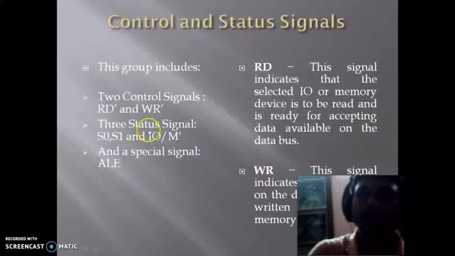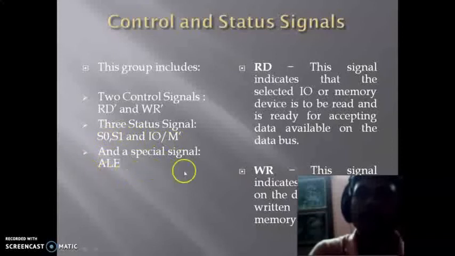S0, S1 and IO/M bar tell us whether it is fetching an opcode, whether any input output operation is going on or not, and that status can be seen by using these status lines S0, S1 and IO/M bar.